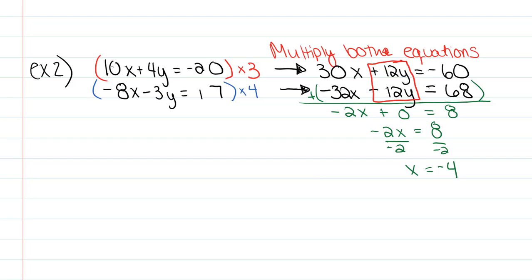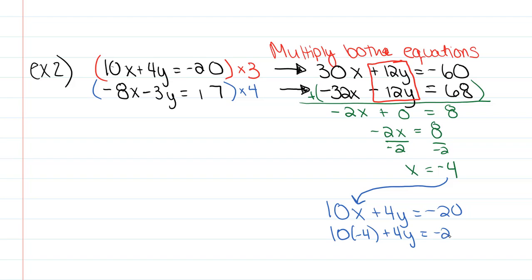Going back to one of my original equations, 10x plus 4y equals -20. Let's substitute this x equals -4 and finish up solving.